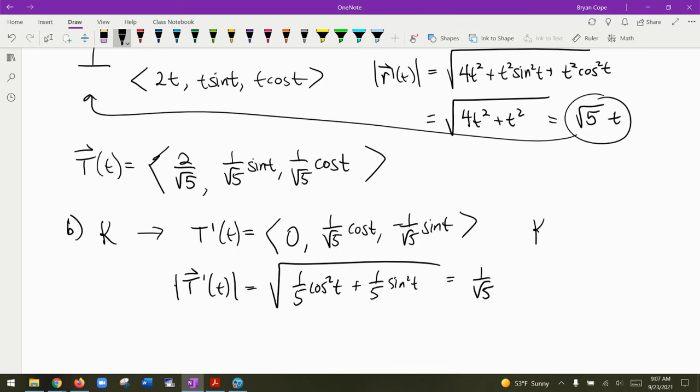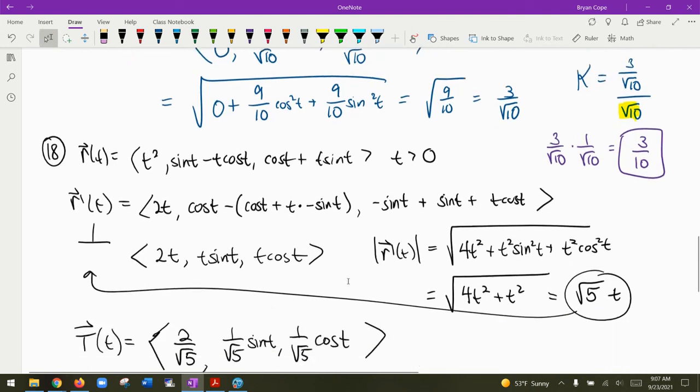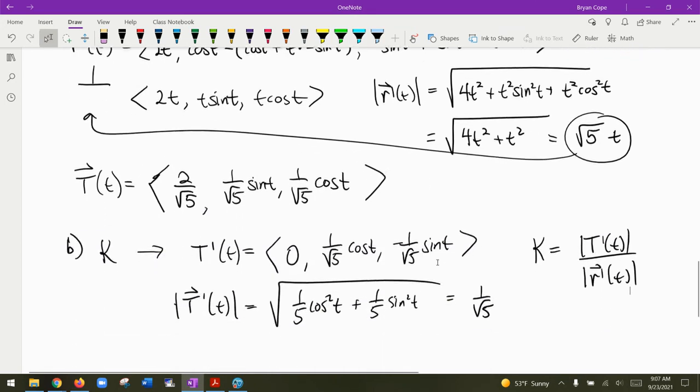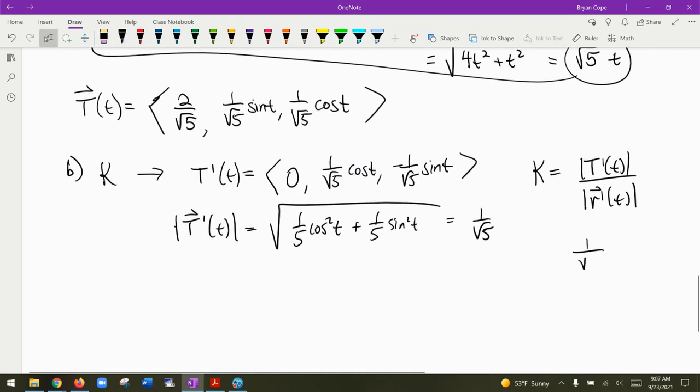So curvature, remember, is the magnitude of T prime of t over the magnitude of r prime of t. Magnitude of r prime, where was that? It was root 5 t. Okay, so here's what we have. We got 1 over root 5 divided by root 5 t. So we can treat that as 1 over 5t. Cool, that cleans up really nicely. Okay, I think we made it through.